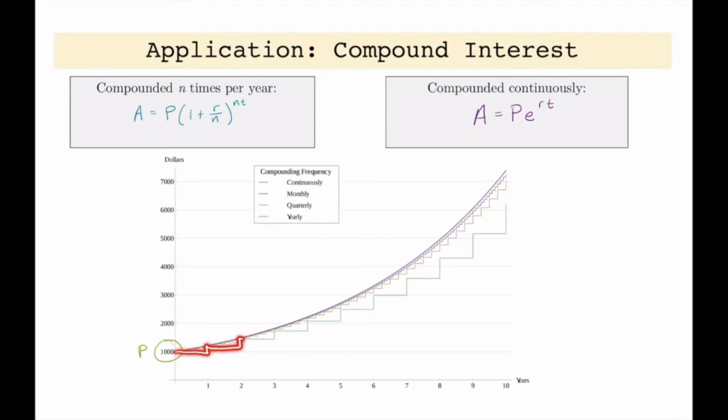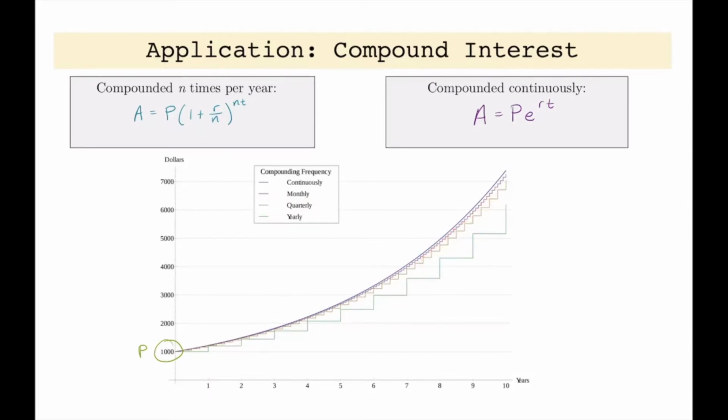And then every year we see this jump because our balance is increasing, but only at the end of each year. If we compound more often, quarterly, so that's 4 times a year, the yellow, maybe out here is a little easier to see, then 4 times in 1 year our balance jumps up.